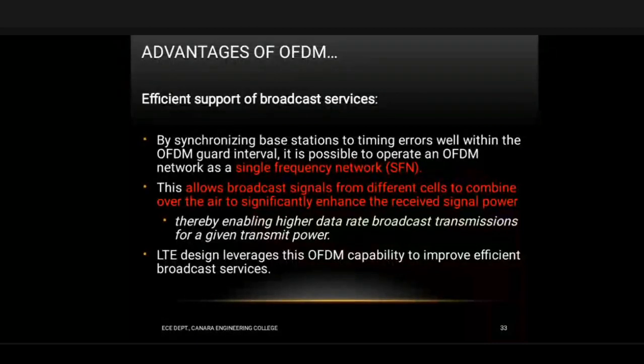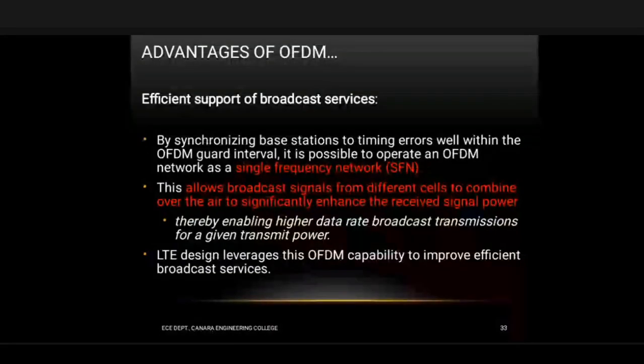Suppose some mobile phone is in the center of the city and is not getting proper network, and we want to enhance its signal strength. What we can do is use the SFN, single frequency network, where multiple towers switch to a particular frequency and transmit the same signal. That is the concept here.